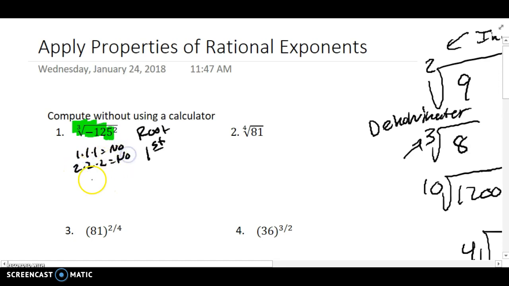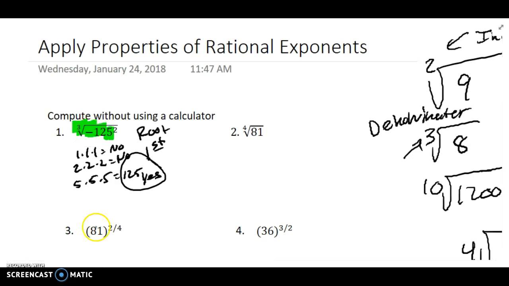No. 3 times 3 times 3? No. 4 times 4 times 4? 5 times 5 times 5 is 125, so yes, it is 5. This green part changes to a -5 because it is negative. And then that squared, highlighted in yellow, comes down. -5 squared is 25. So we don't need a calculator here.